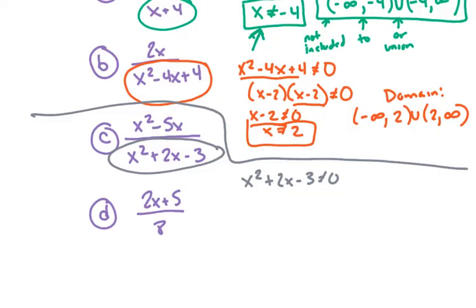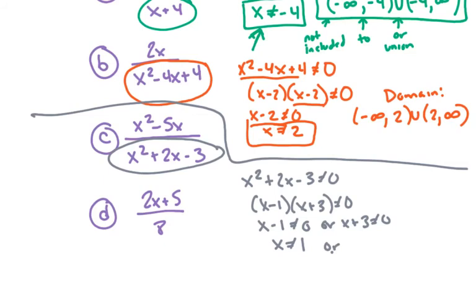So now I'm going to go back. This is x minus 1 times x plus 3 does not equal 0. So that means x minus 1 cannot equal 0, or x plus 3 cannot equal 0. And so x cannot equal 1, or x cannot equal negative 3.